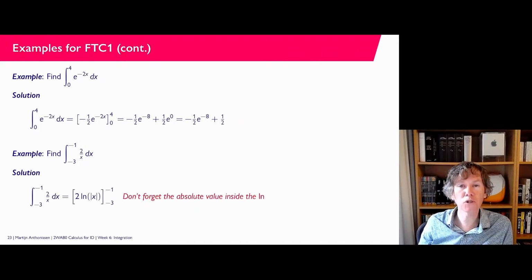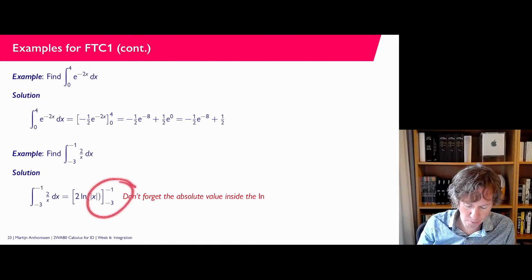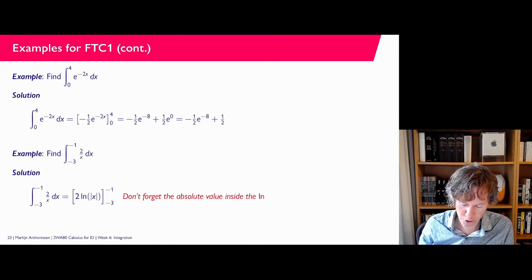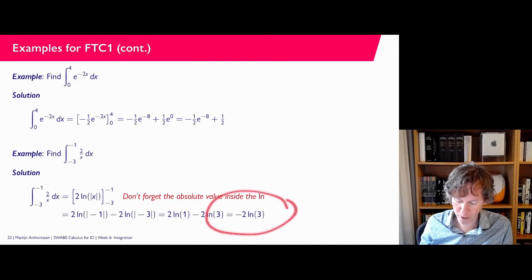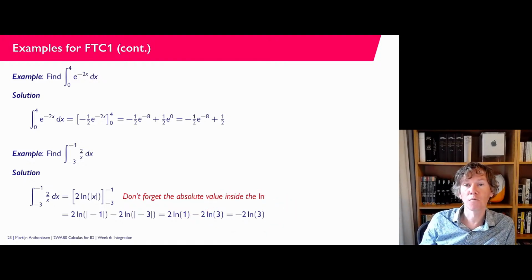So 2 times ln of the absolute value of x, and then in between -1 and -3. So don't forget this absolute value, as it says in red here. And then you just plug in those values, and because of the absolute value, you have no problem, and you find that this apparently is -2 times ln 3, which is a negative number, and that's correct, right? Because your graph is below the horizontal axis, so you should find something negative, so that's good.